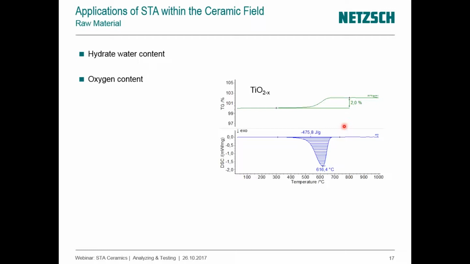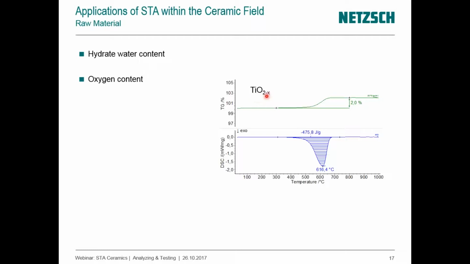But in principle, you lose water in 2 steps via the so-called semi-hydrate. And if we use a special lid combination, we can also influence this, and then you get the information of the dihydrate versus the semi-hydrate mass loss steps, which allows a defined analysis of the hydrate water content.